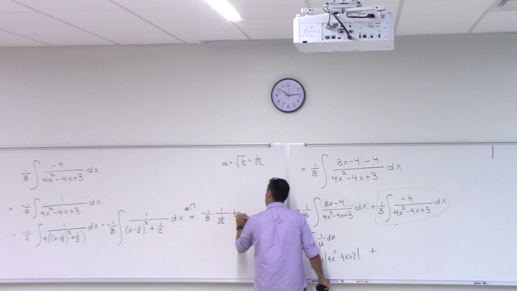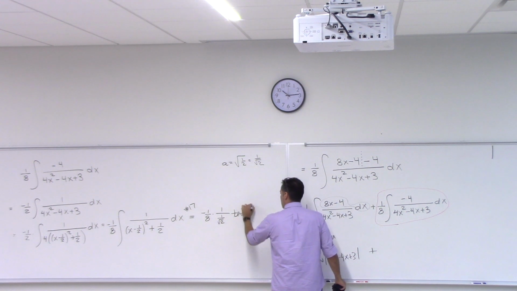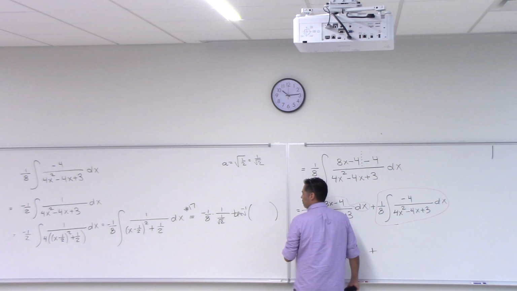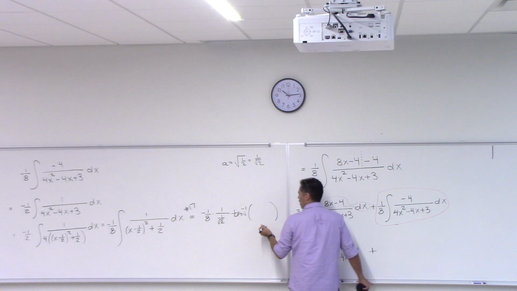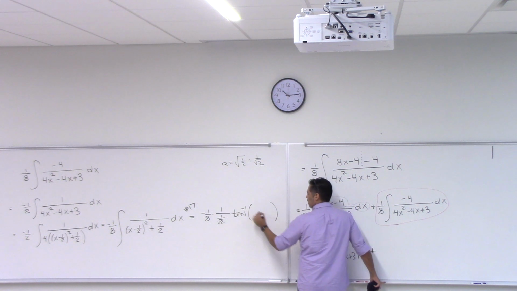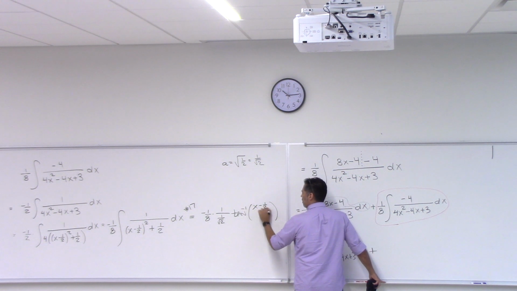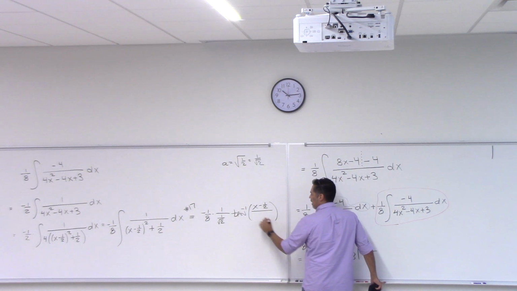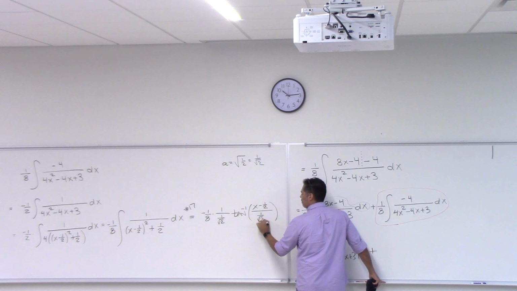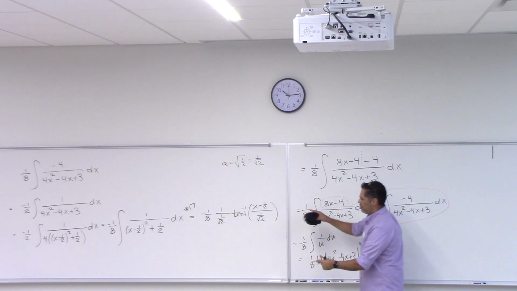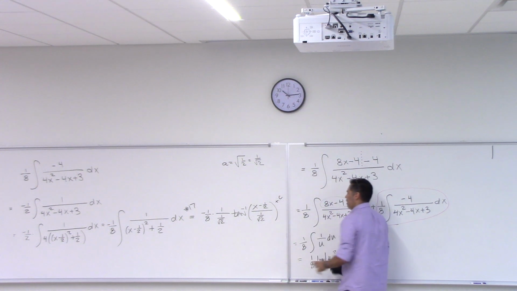Inverse tangent of U, what's U for us? X minus a half over A, which is 1 over root 2. And then plus C, right? I'm going to have a plus C here.